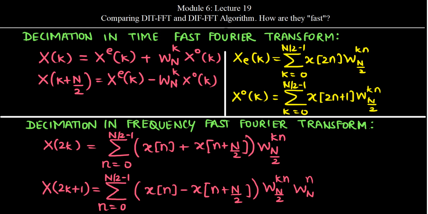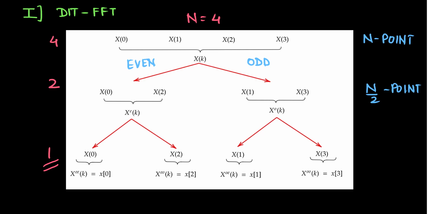Even if we observe these equations here, that is X even of k and X odd of k, we can observe that X even of k is dependent only on the even values of the argument, whereas X odd of k is dependent only on the odd values of the argument of this x. So both of them are quite independent, and therefore we can just calculate them in parallel.